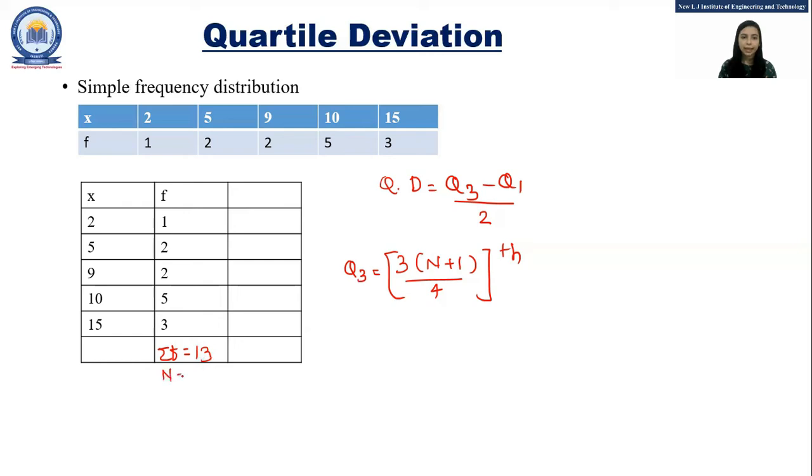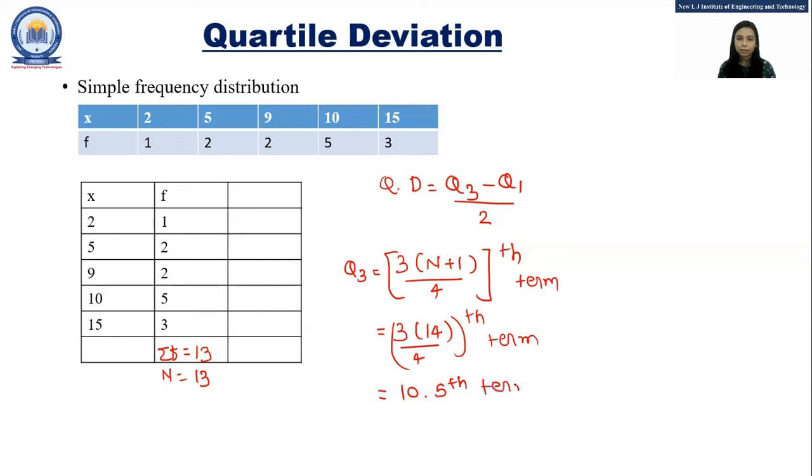So Q3 is 3 into 14 divided by 4th term, which is the 10.5th term. That is the 10th term plus 0.5 into (11th term minus 10th term).